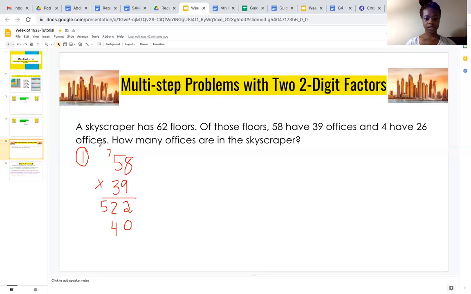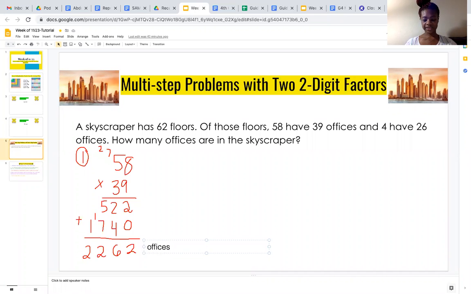So here's 4, 2. 3 times 5 is 15, plus this 2, 17. So this tells us that those 58 floors have, let's see, 2, 6, 2, we're regrouping, 2,262 offices. I'll just make a note of that.